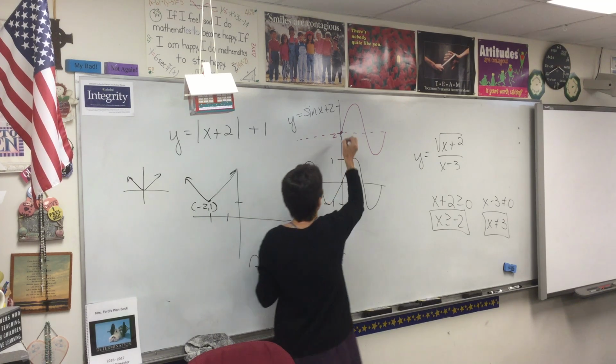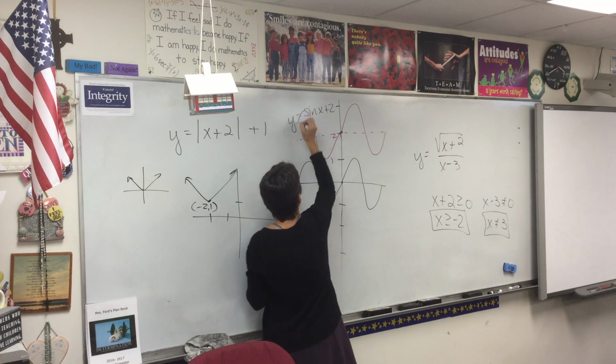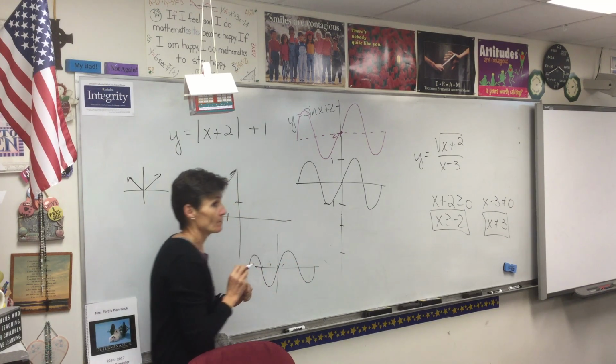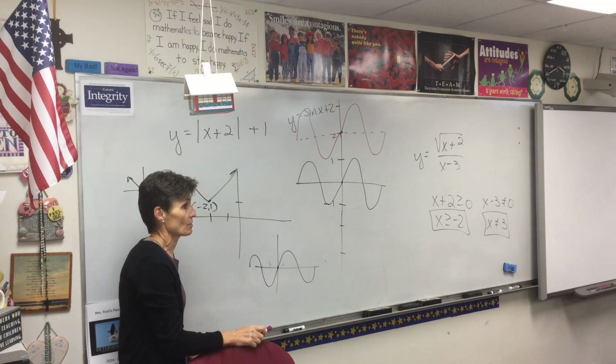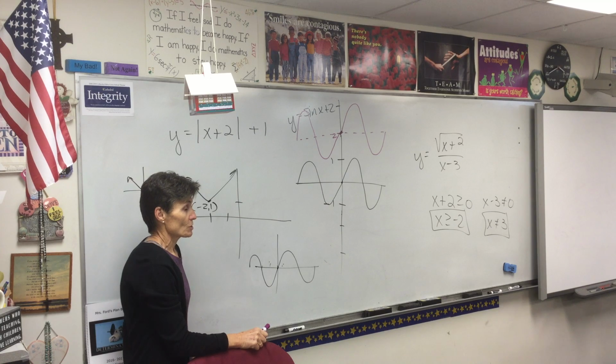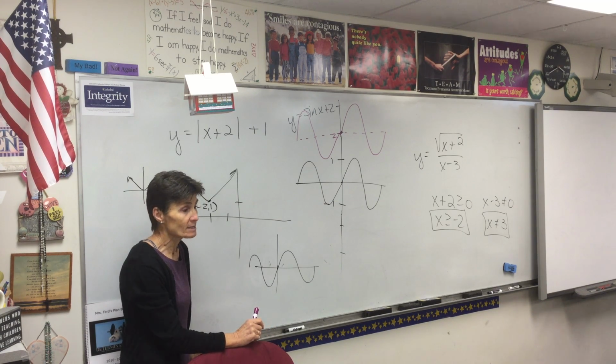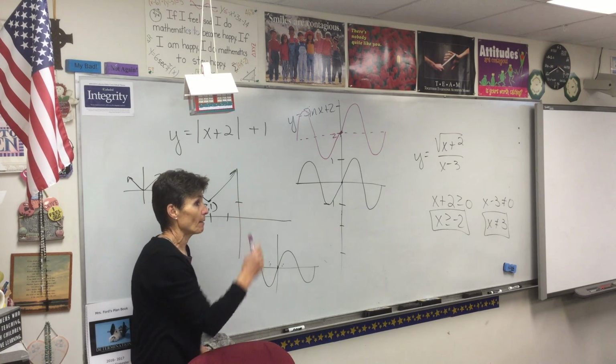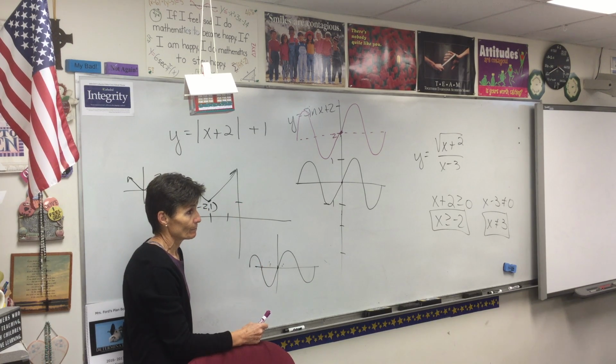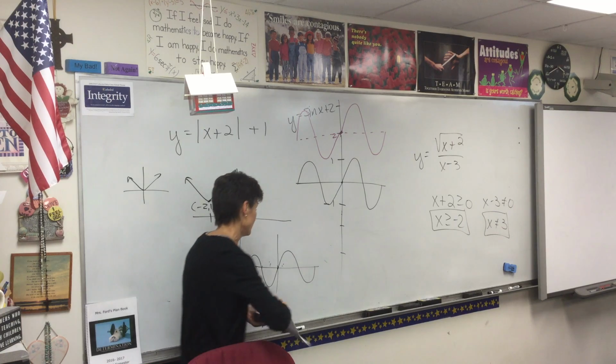Yes. There's your picture. The purple one is the answer. So I very carefully drew my original sine curve, the one I have memorized, and then I just picked it up 2. Got it? Yep. Okay, gotta do that carefully.